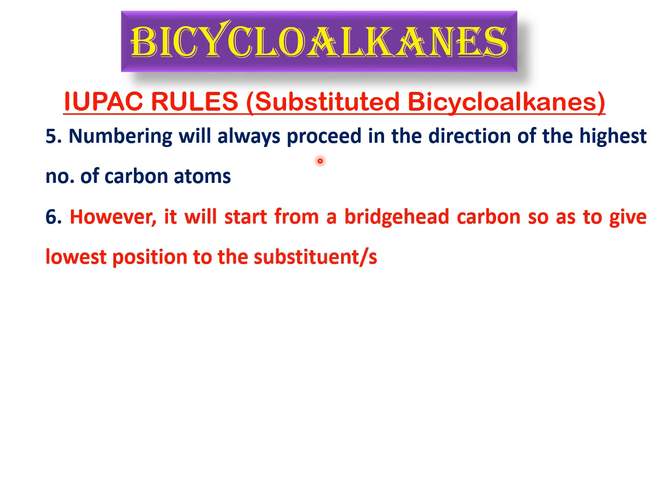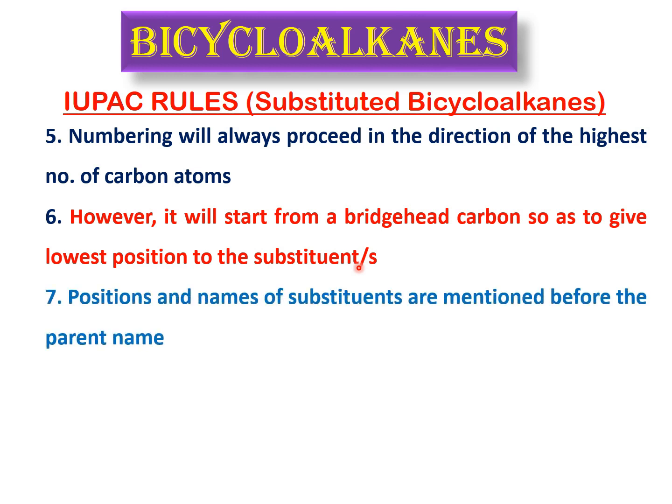That will be decided by the position of the substituents. So you have to start from that bridgehead carbon from where the substituent has the lowest position, right? So that will be your correct numbering.